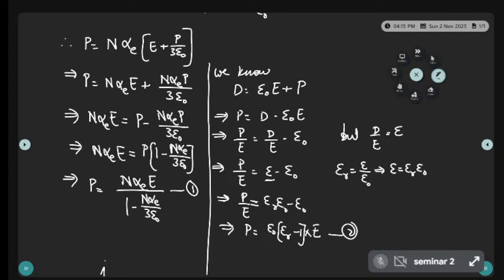Both are equated for P. Okay. Right. Shall I change the screen?